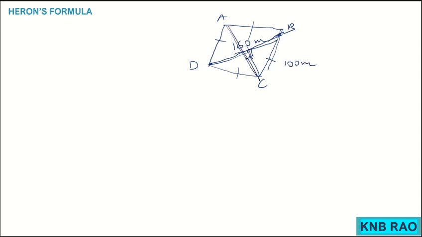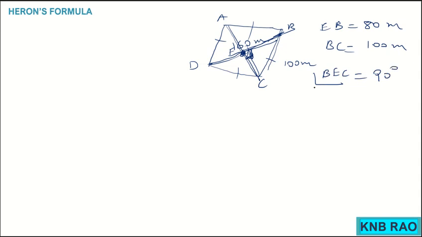So based on that concept, here it must be a right angle, and let me say if I take a point E, EB must be 80, and you know already BC is 100 meter and angle BEC is 90 degrees.